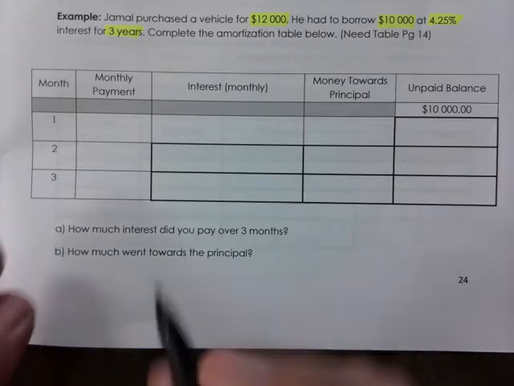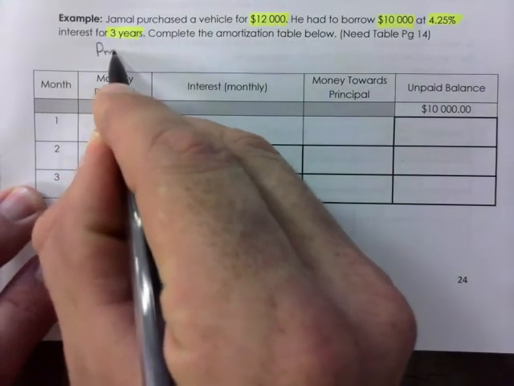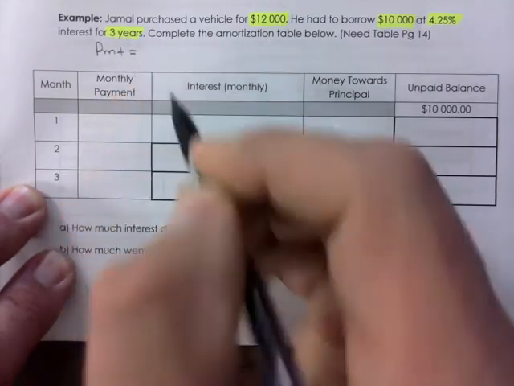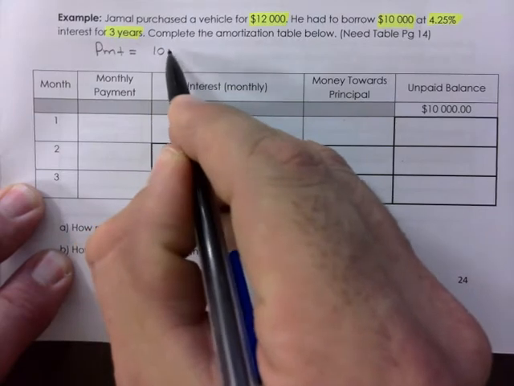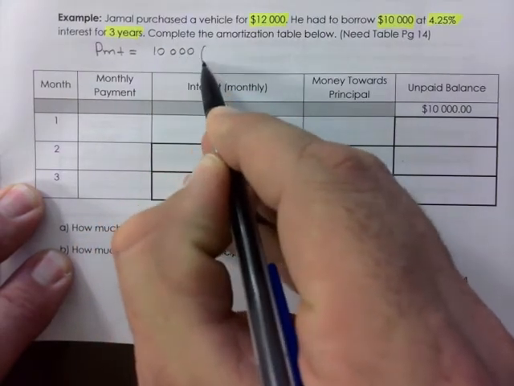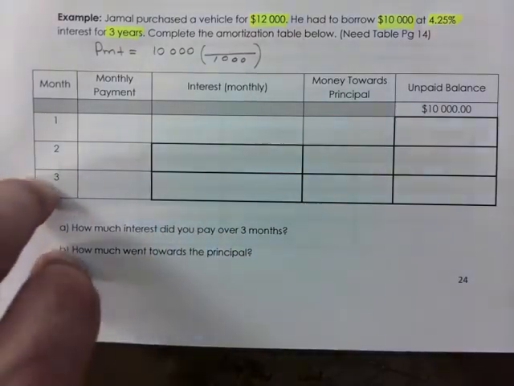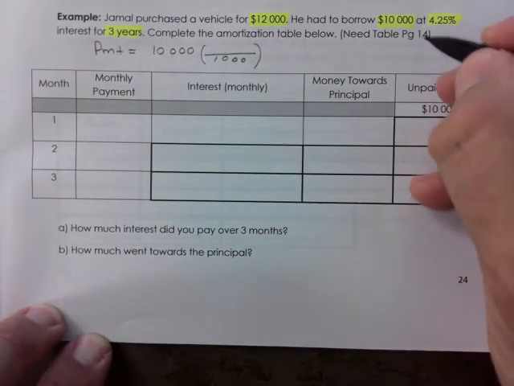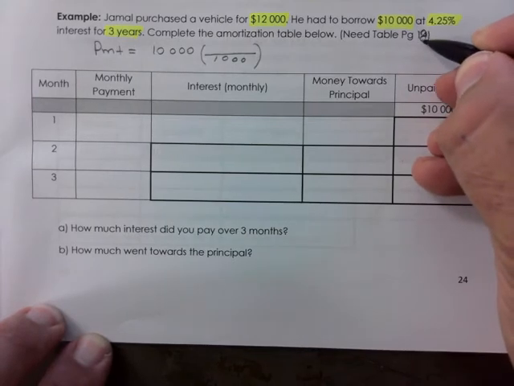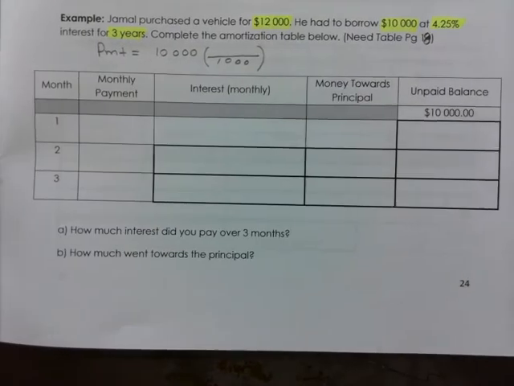So the first thing you need to do is find the payment, the monthly payment. You remember the formula? It's 10,000 times something divided by 1,000. It says page 14, it's actually page 18. Sorry, I keep updating this book. Let's go to the table on page 18 real quick.